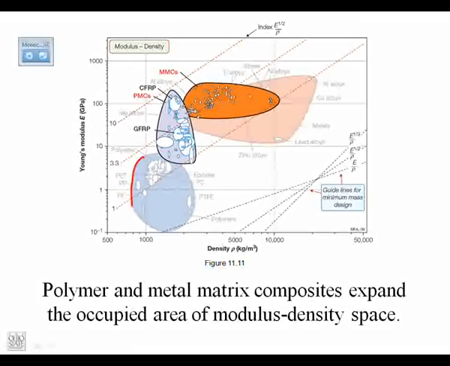So what we see here, these lighter bubbles, is the polymer matrix. Those are polymers, which sit in that bubble of properties. They have that range of moduli here, all below 10, so not very stiff at all, but low densities, around 1 to 2 grams per cubic centimeter.